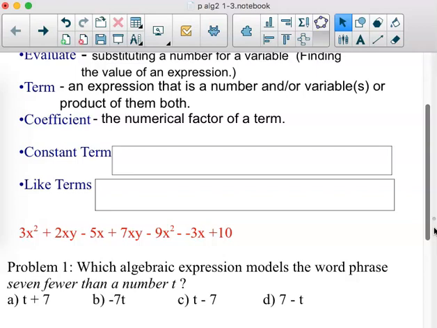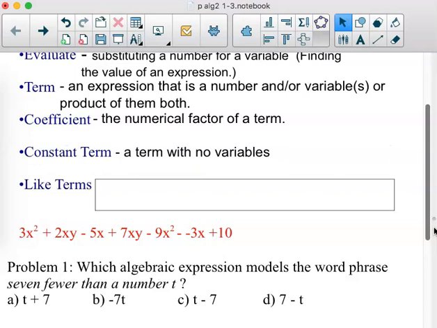So a constant is a term with no variables. Maybe it's 5x plus 3y plus 8. 8 doesn't have a variable. So it's the constant. It can't change. It's 8, no matter what. And there it is.